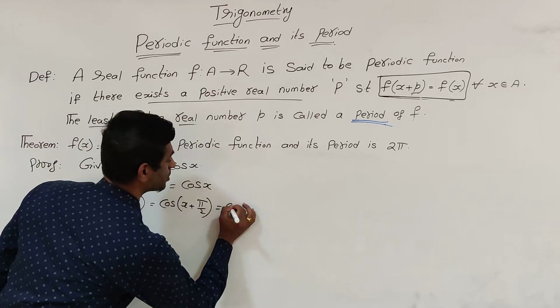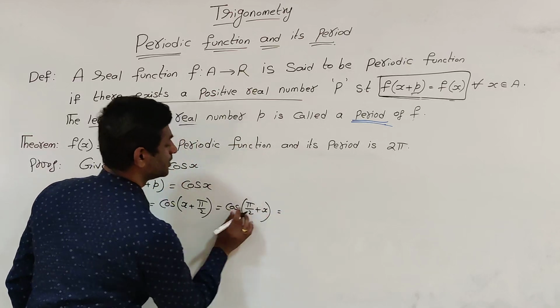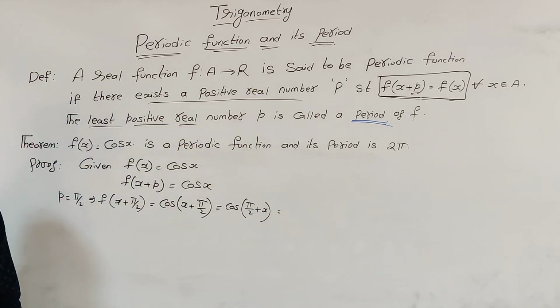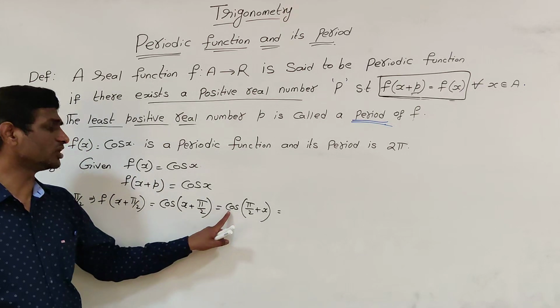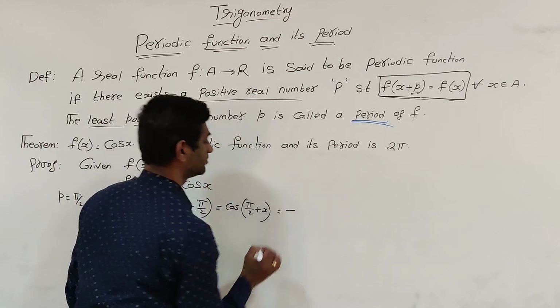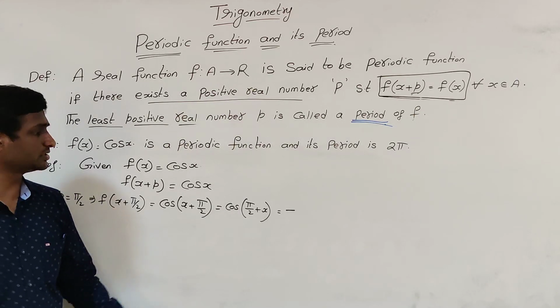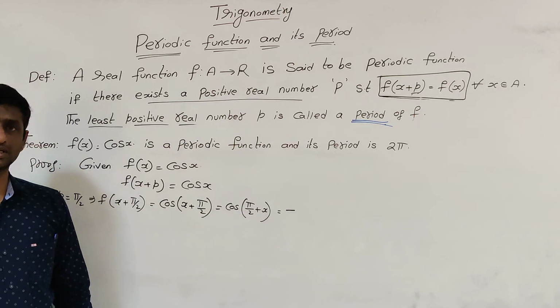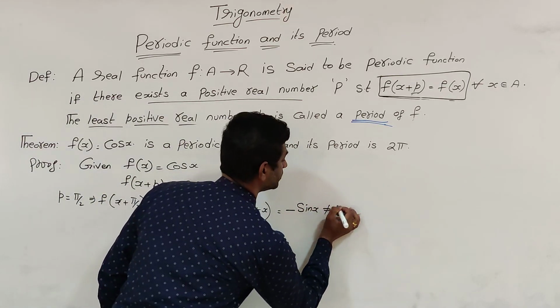So that is cos of pi by 2 plus x, but what form is it? Cos of 90 plus theta. 90 plus theta lies in the second quadrant. In the second quadrant, cos will have a negative sign, so negative, and the trigonometric ratio changes since it is an odd multiple of 90. So minus sin x, which is not equal to f of x.